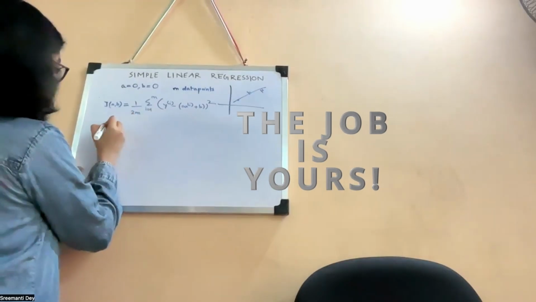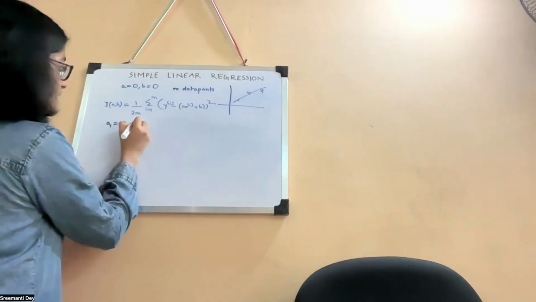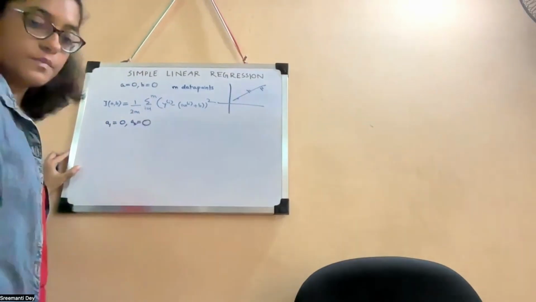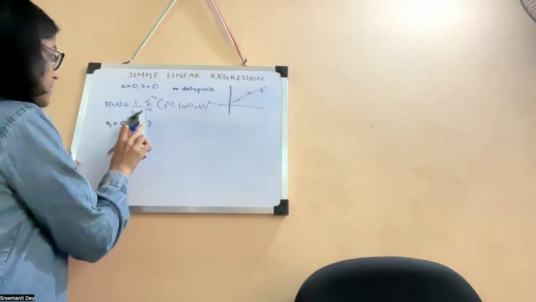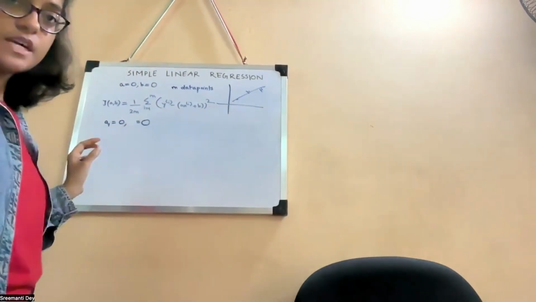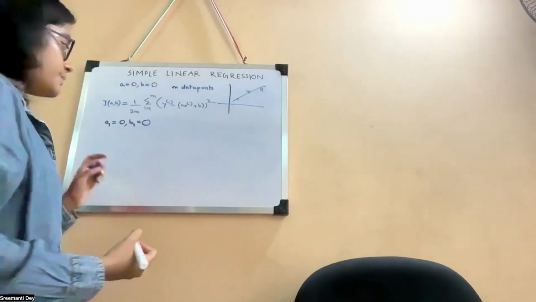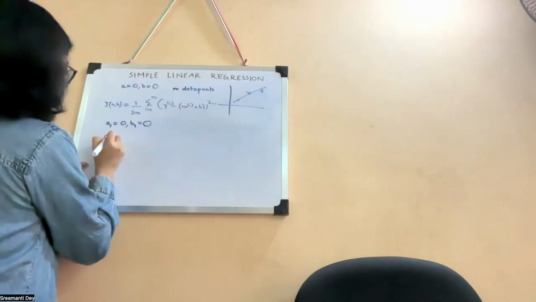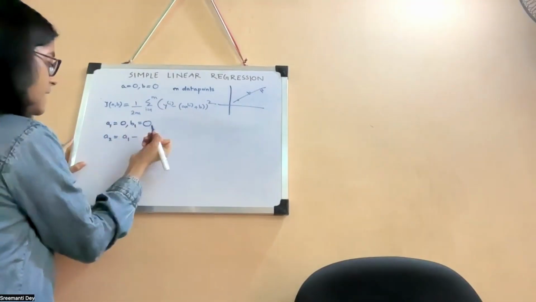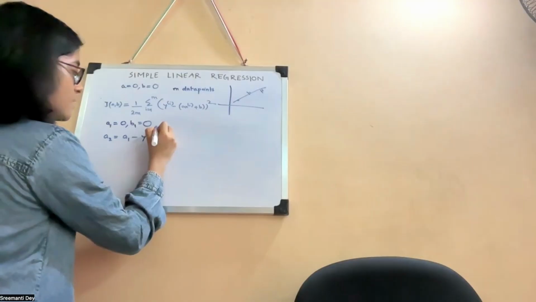Okay. So now, before we start, we have A1 equals 0. As I said, we are initializing with 0, 0. A1 equals 0 and B1 equals 0. So the next step is that A2 would be equal to A1 minus gamma, which is a constant.